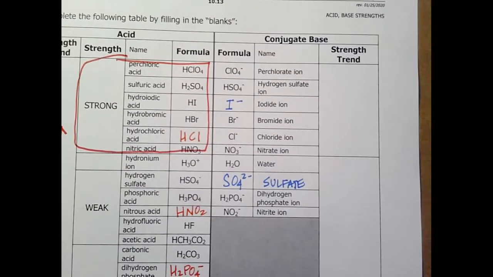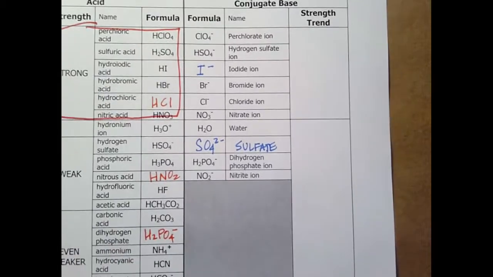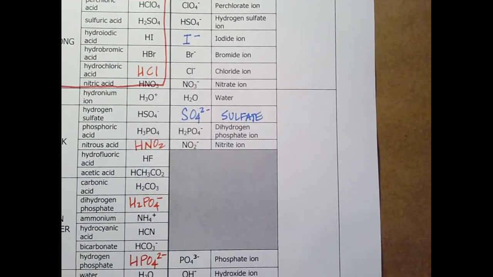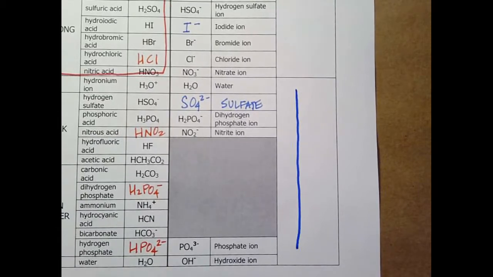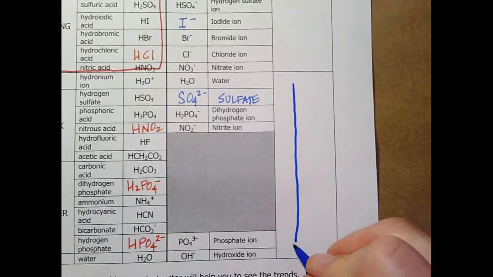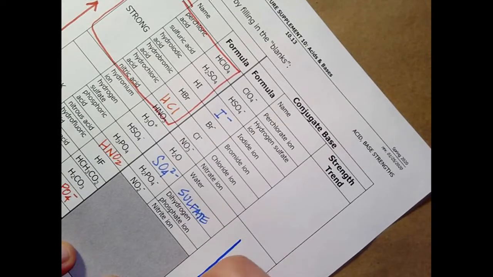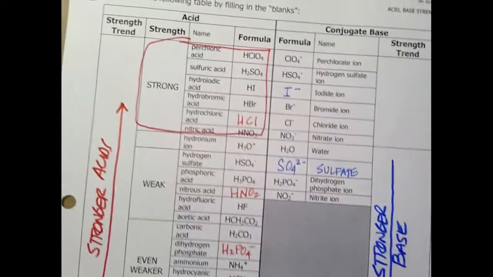Now over here, conjugate bases, of course, are basic, and there's a trend here as well. The trend over here looks like this. I'm going to draw a line. I haven't put an arrow there yet. Turns out it's that direction. Stronger base in that direction.